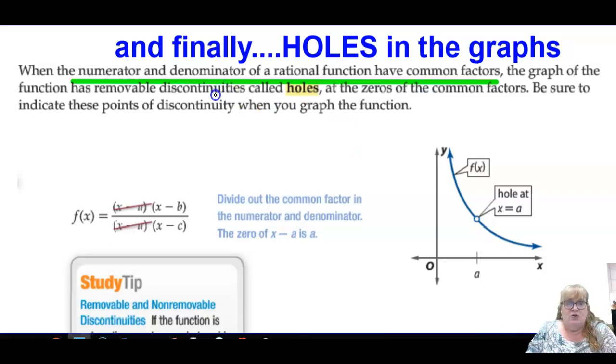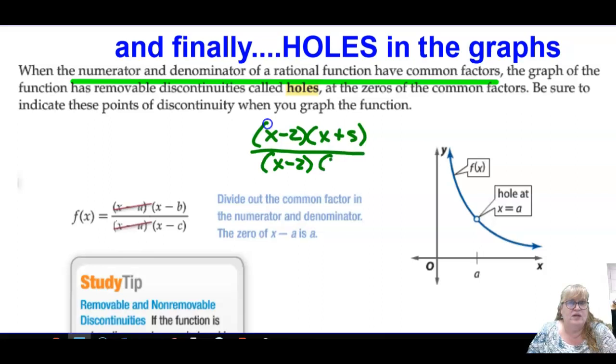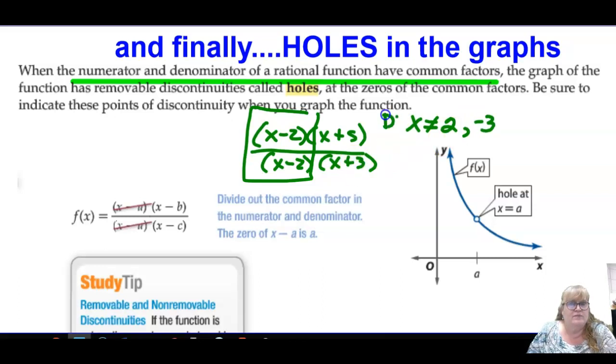A function has a hole if there is a factor of the numerator that is the same as a factor of the denominator. So I had x minus 2 over x plus 5, we'll say, and down here I had an x minus 2 and an x plus 3. This has a hole because there is a common factor here. You would cancel this out, but only after saying x cannot equal 2, or in my case, -3, for the domain.